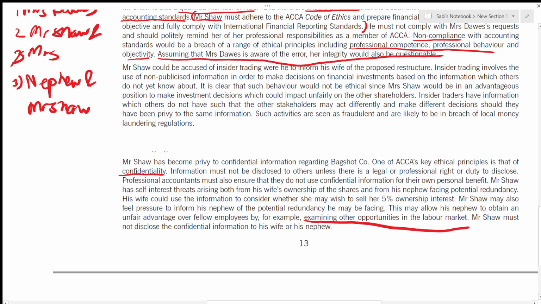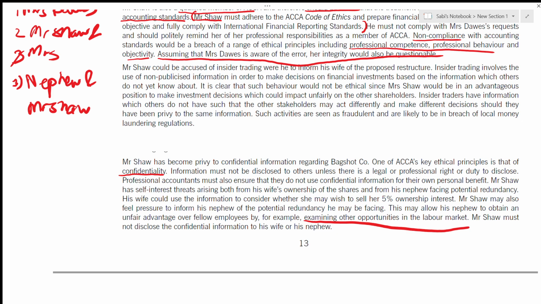Two professional marks are there in this part, because you need to apply your commercial acumen. You need to be aware of what happens when a person knows that he's going to be unemployed. He will go and search for other jobs. Exactly the same thing they're writing: examining other opportunities in the labor market.